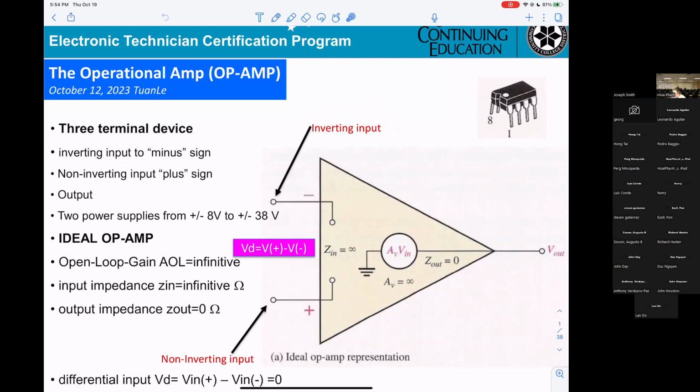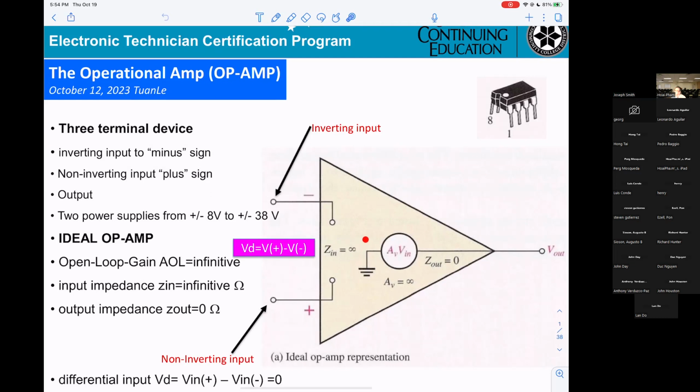Basically, when you're looking into the input of the op-amp, they get a very, very big resistance. G in. What does that mean? Input impedance equals infinity.